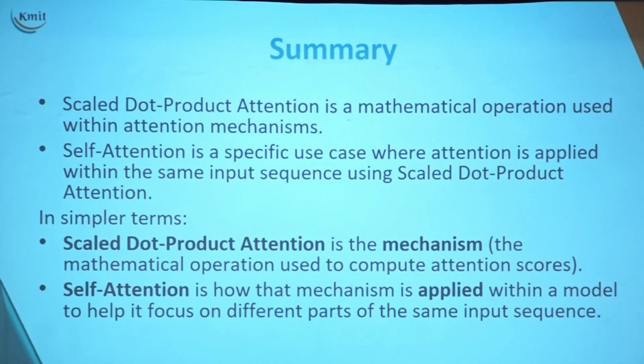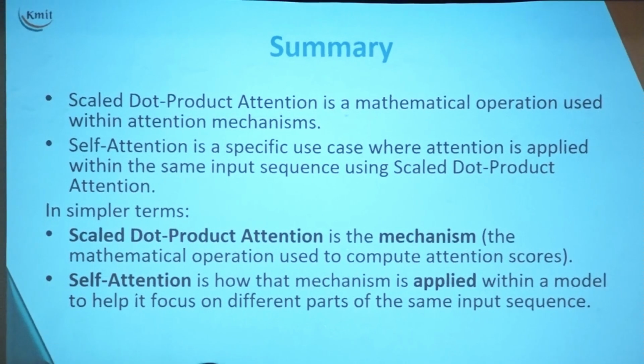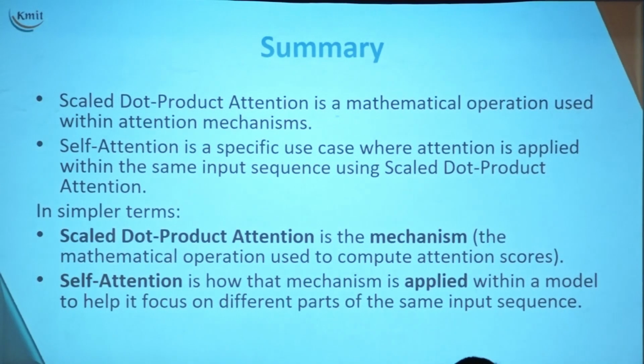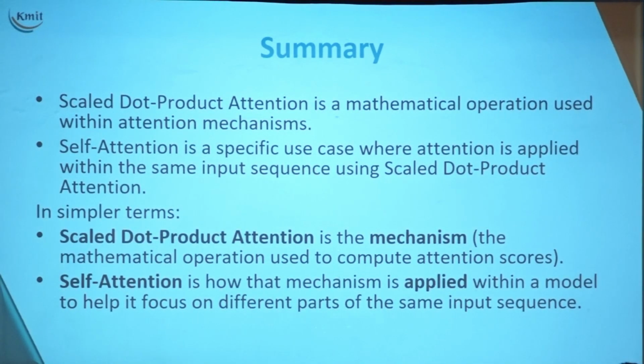So, if I want to keep it very, very simple, I can also say that scaled dot product attention is a mechanism, a mathematical operation that is used to calculate attention scores, whereas self-attention is how that mechanism gets applied within a particular model to help it focus on different parts of the same input sequence.